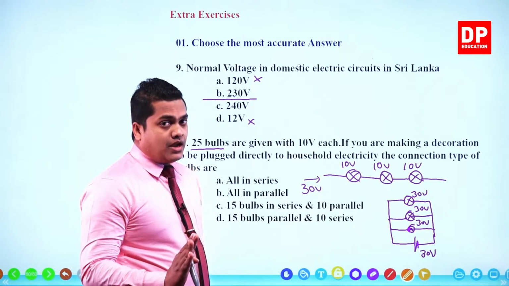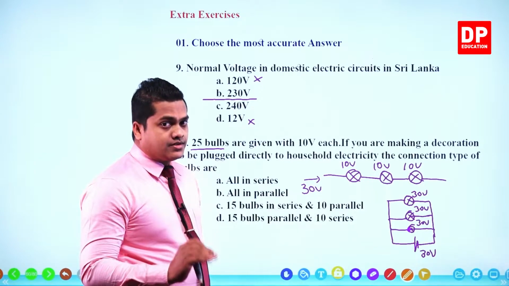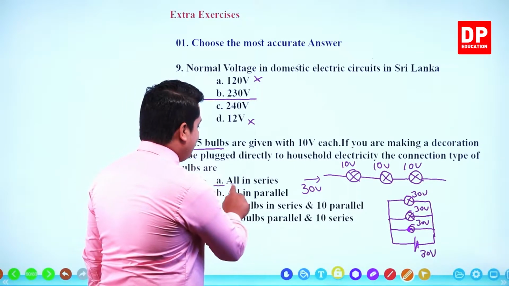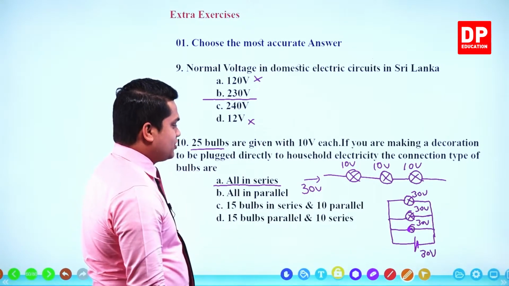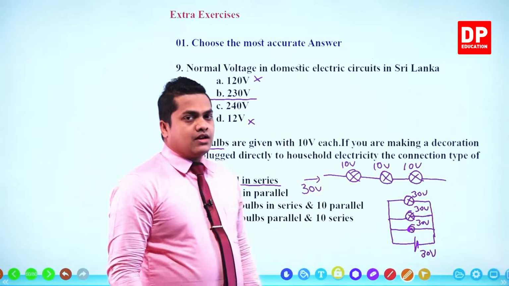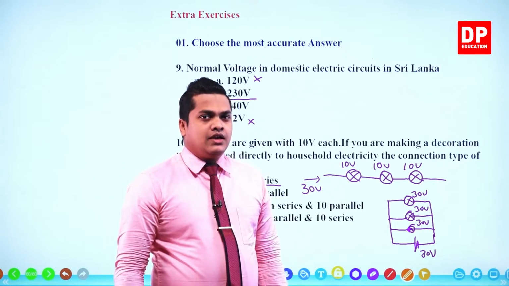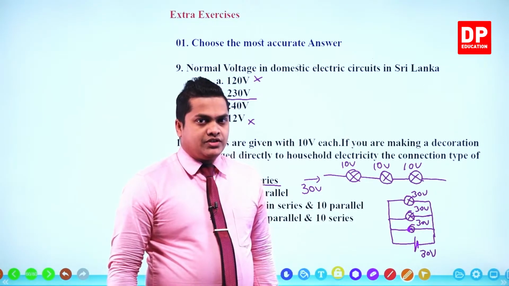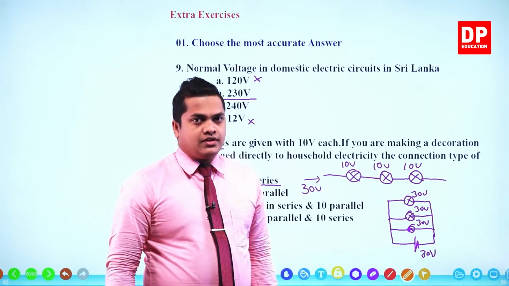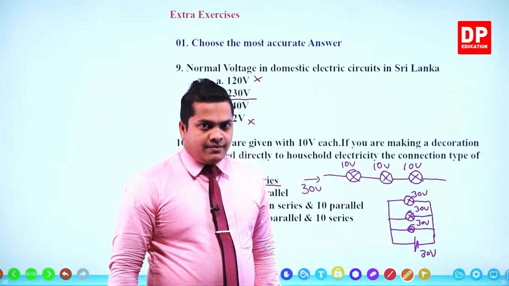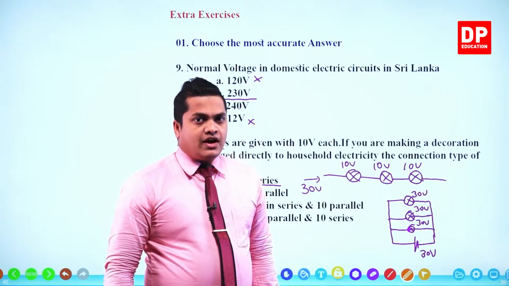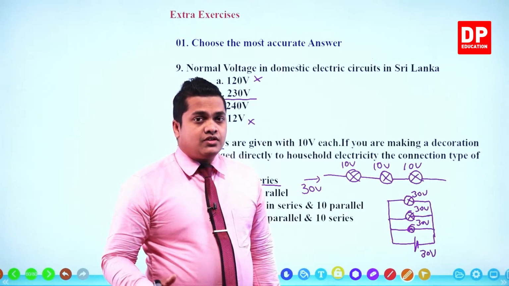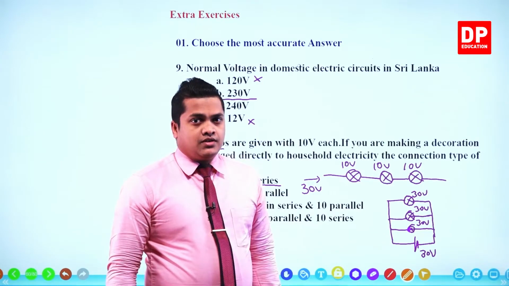So if you are going to plug it into a household electric circuit, all of these 25 bulbs should be in a series connection. We can't make parallel connections, because then the entire voltage, which is 230, is going to pass through each bulb. We have to divide the voltage, and after the division, the necessary amount is passed.